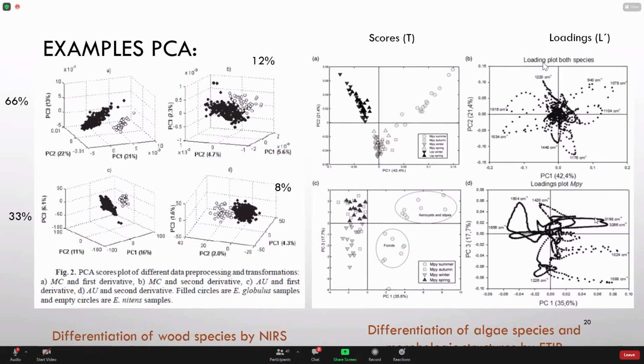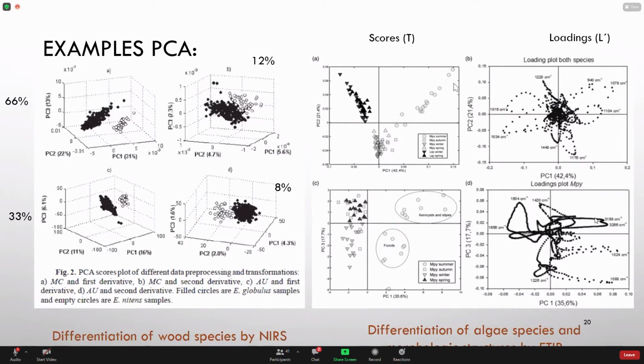So here we have another application. It's a differentiation of algae species and morphologic structures by mid-infrared spectroscopy. Here we have, for example, 2 species of algae. We have Macrocystis pyrifera and Lessonia spicata. This is Lessonia, and all the other samples are Macrocystis.